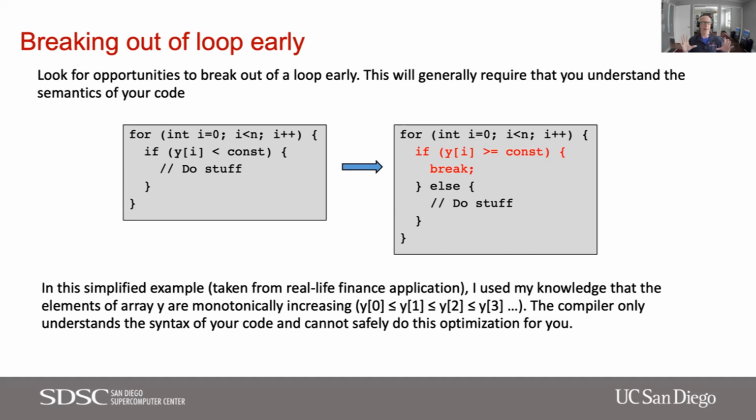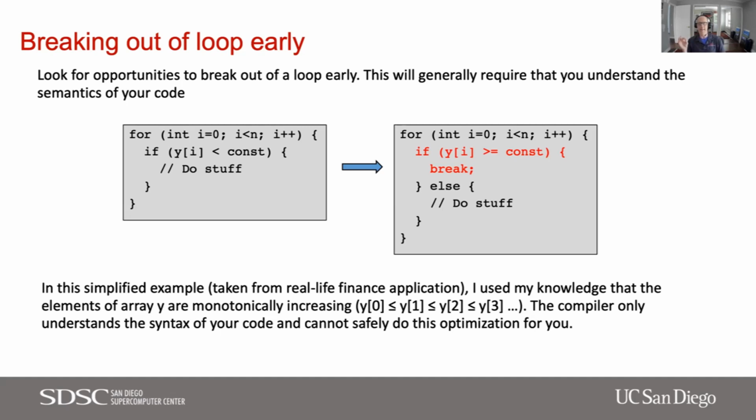Stripping this way down, there was a loop, i equals 0 to n, where for each element of y, if y sub i is less than a constant, I do some stuff. And if it's not, then I continue on to the next iteration.